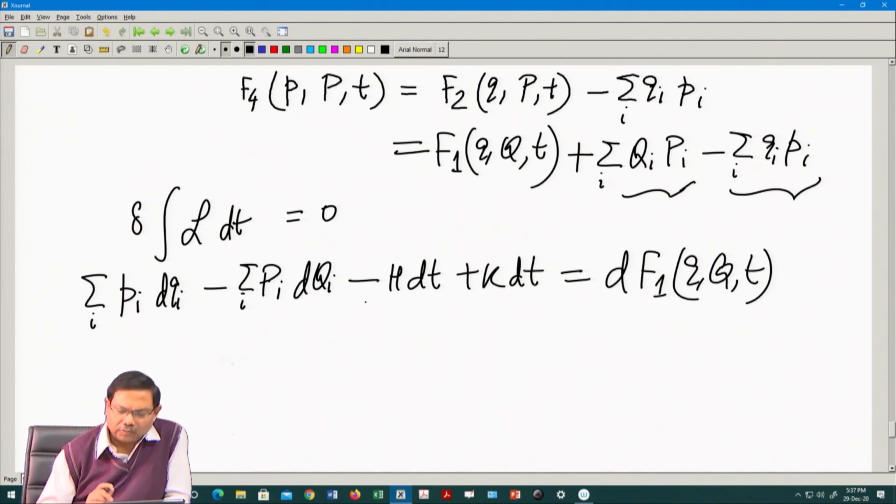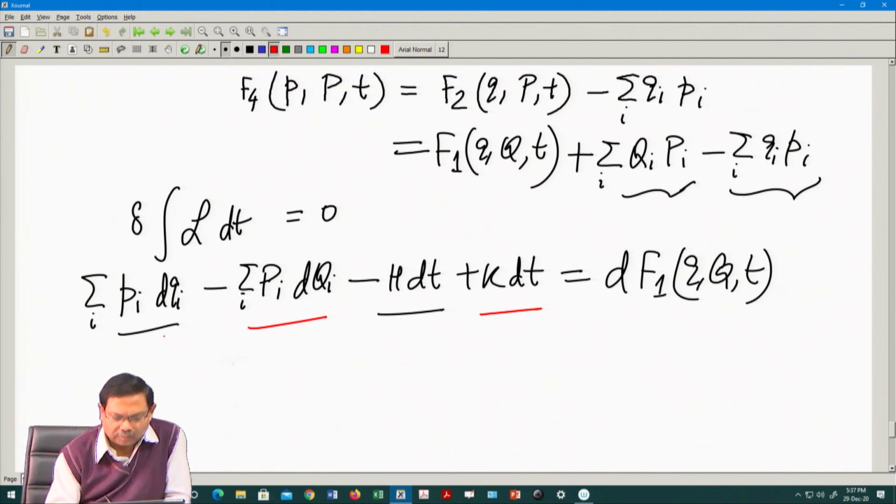So, that is what we are doing. So, this together is Hamilton's principle, the black one, sorry.